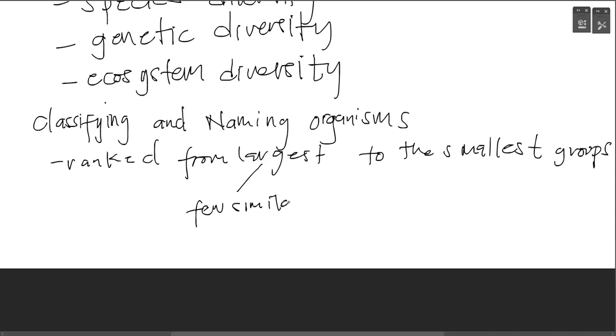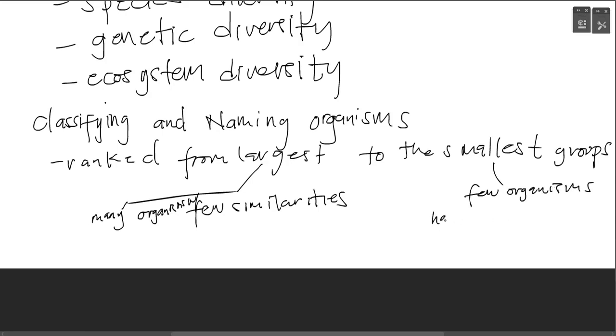Now, small groups include few organisms having more similarities.